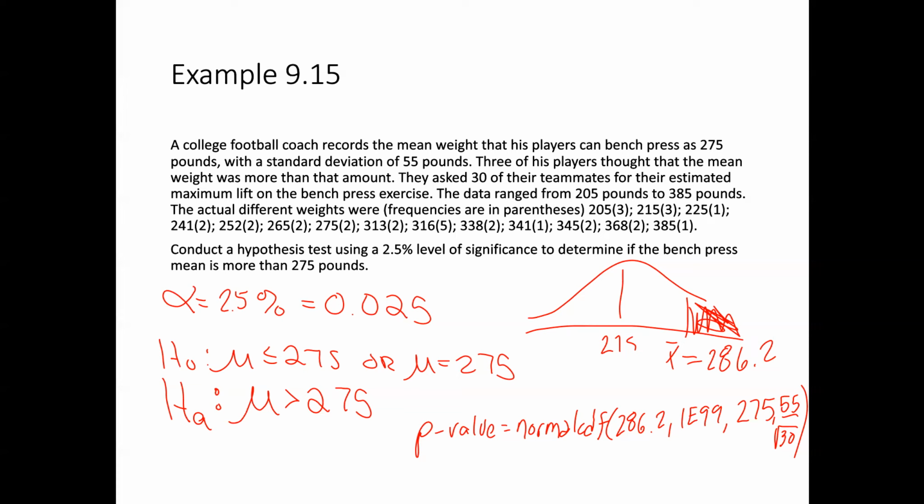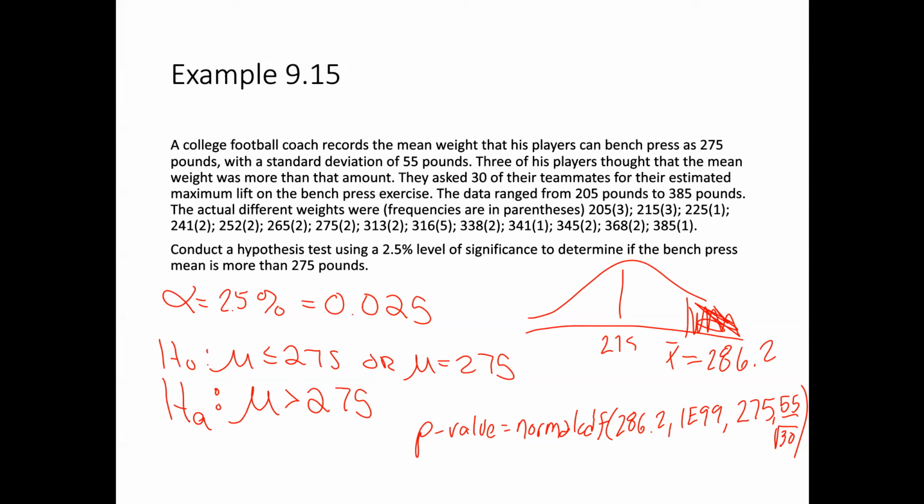I have my data that I collected in L1 with a frequency of each data value occurring in L2. I'm looking at a right-tailed test, so greater than, and now we're going to calculate. You can draw this, which is kind of cool. It'll draw the normal distribution and show you the area to the right. We'll do that next. Calculate.